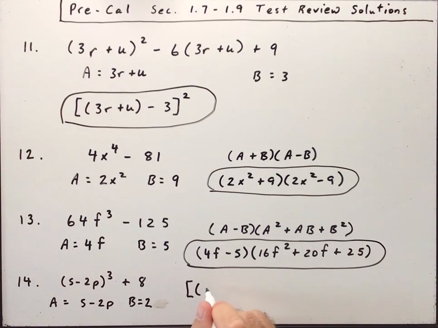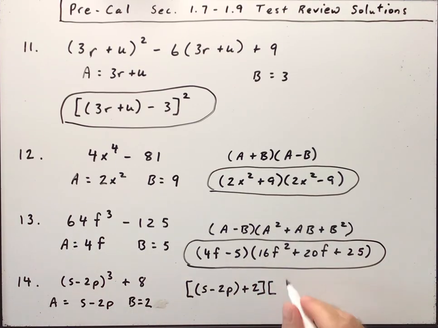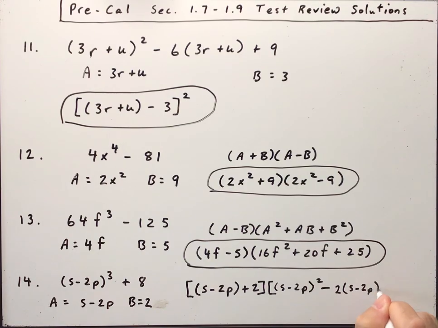So that's going to be s minus 2p plus 2, close the bracket. And now we have a squared, so (s minus 2p) all squared, minus the next one is a times b. So we like to put the coefficient first, 2 times (s minus 2p), and then plus b squared, so plus 4.